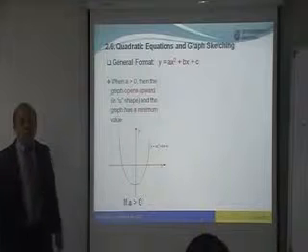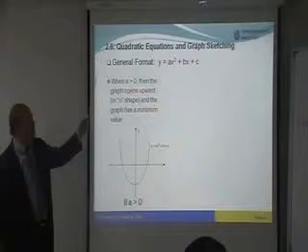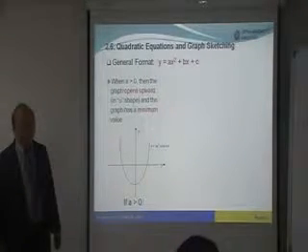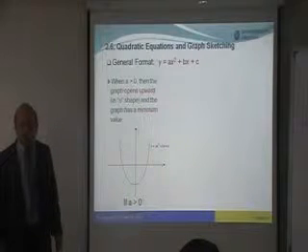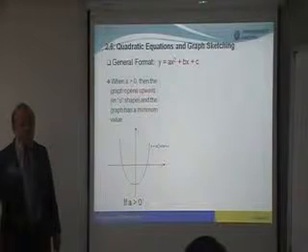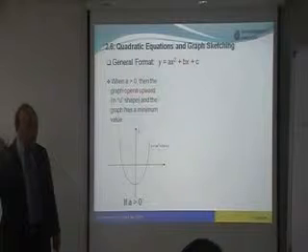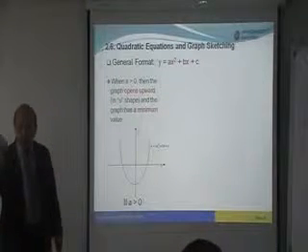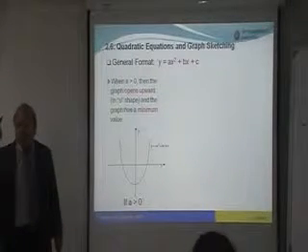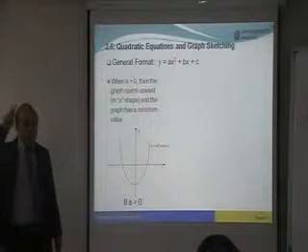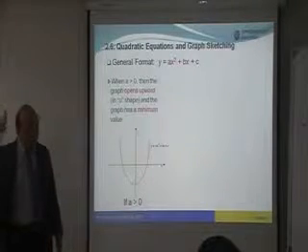When you are given a quadratic equation, how do we know it is quadratic or straight line? A straight line, always the format is y equals to mx plus c, and then the x don't have power. Tak ada kuasa, don't have power 2, power 3 like that.